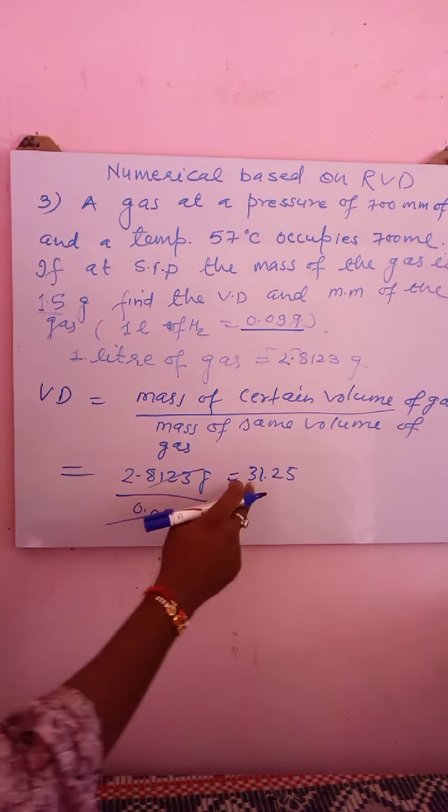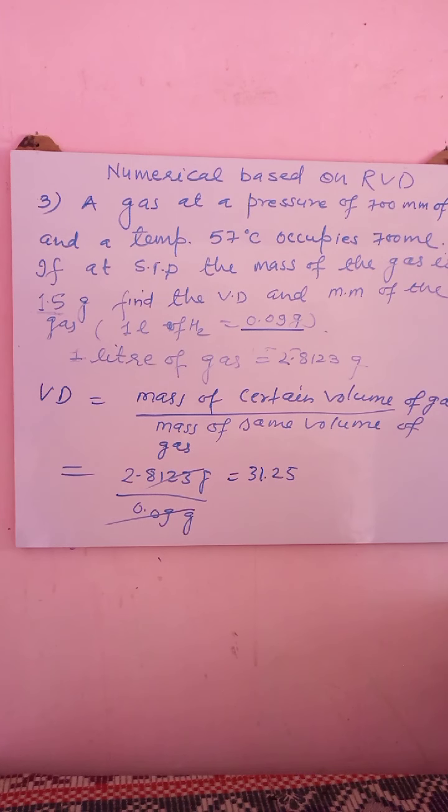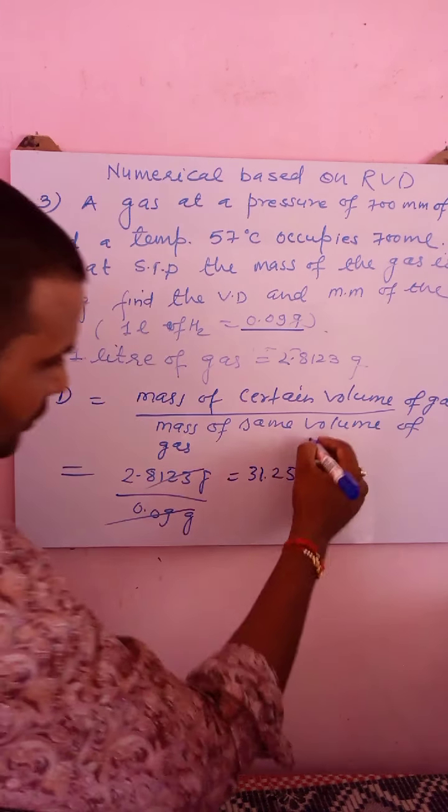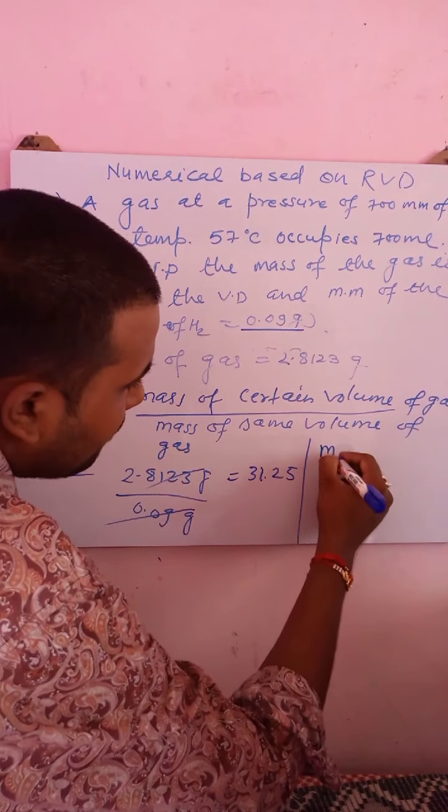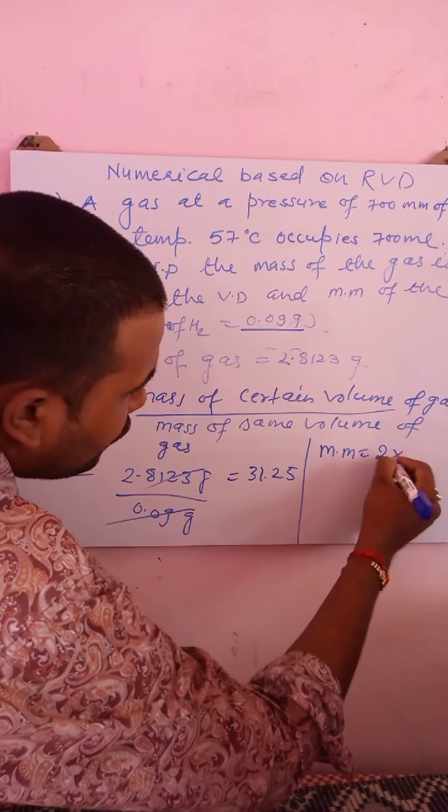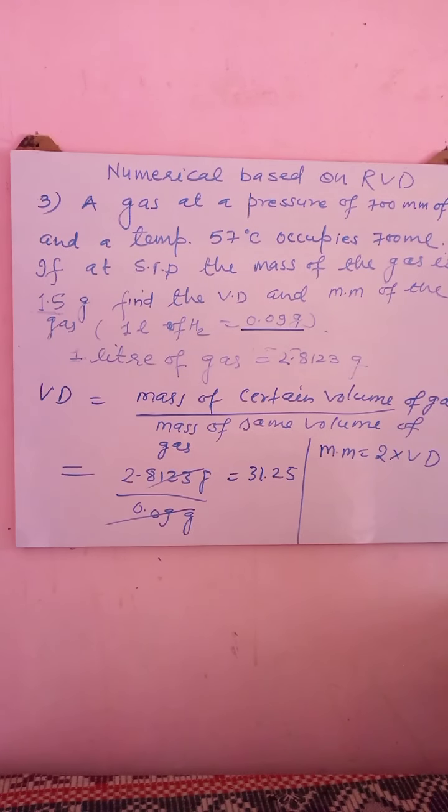Vapor density is 31.25. Now we have to find out the molecular mass. We all know molecular mass is equal to 2 into vapor density.